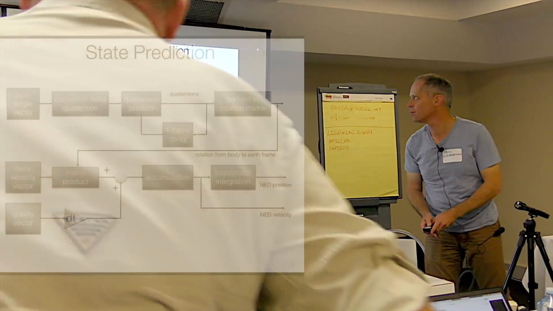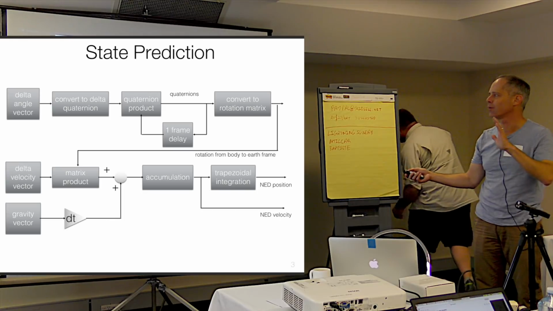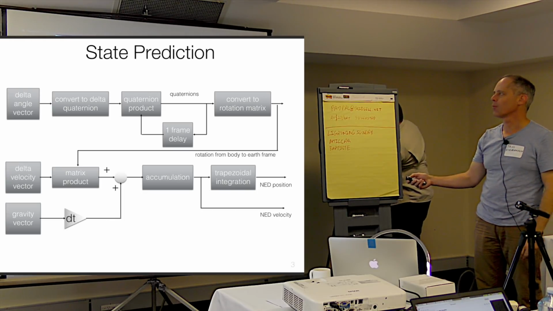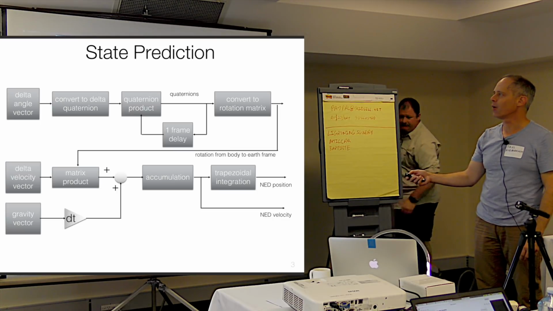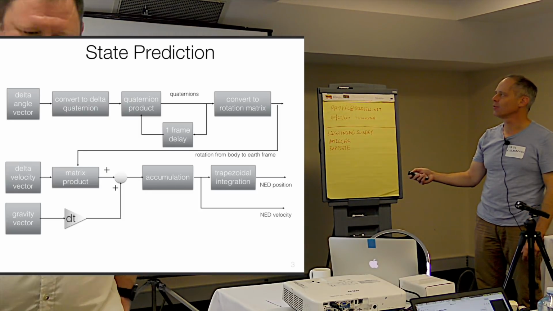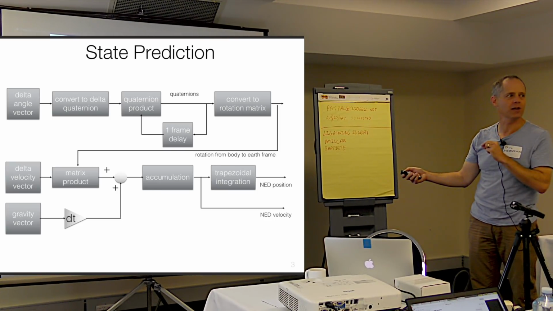Okay, state prediction. Very quickly, it's a standard inertial navigation system. I just put it there so it's in the slides if you want to reference it. We take our IMU data at a very high rate. We might sample at 4 kilohertz. In the driver, it's integrated to form what's called a delta angle, which is just the little increment of rotation since the last update.